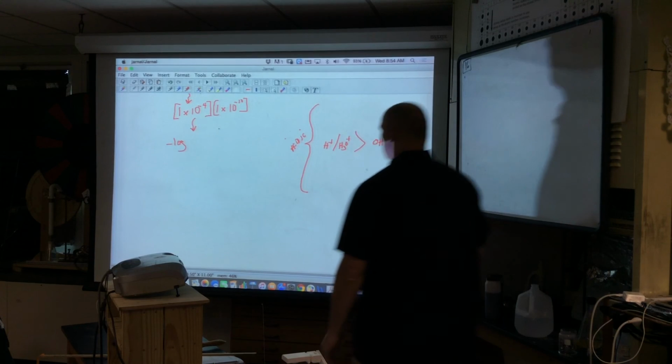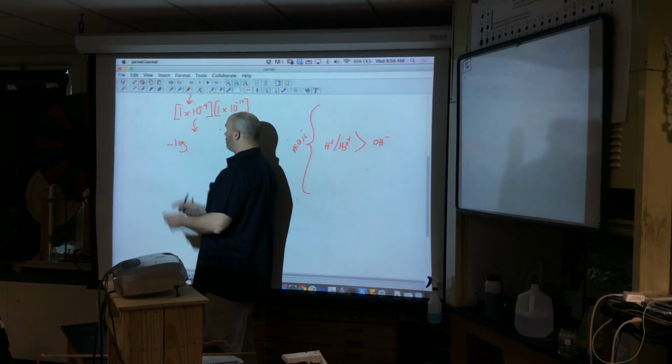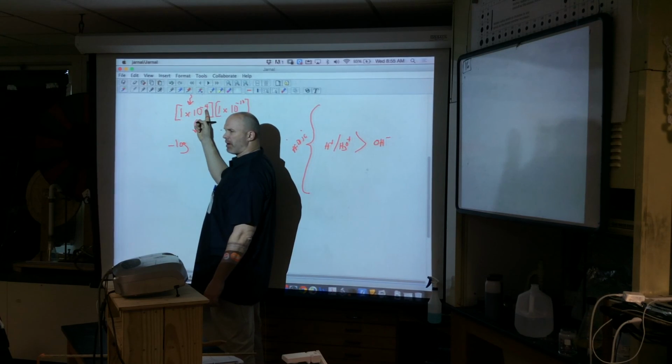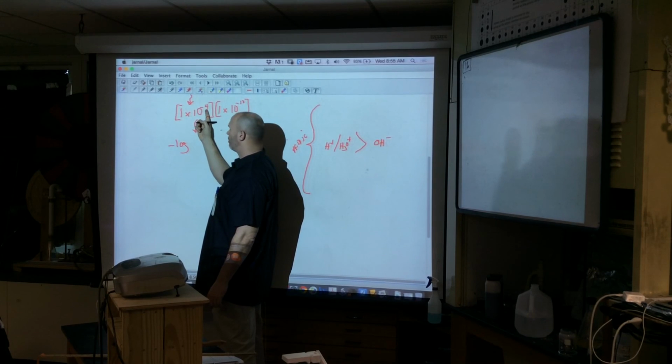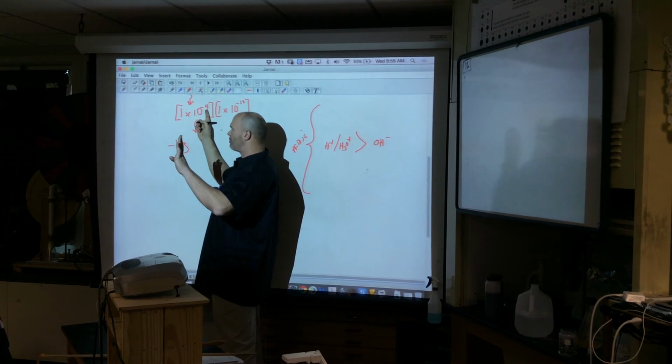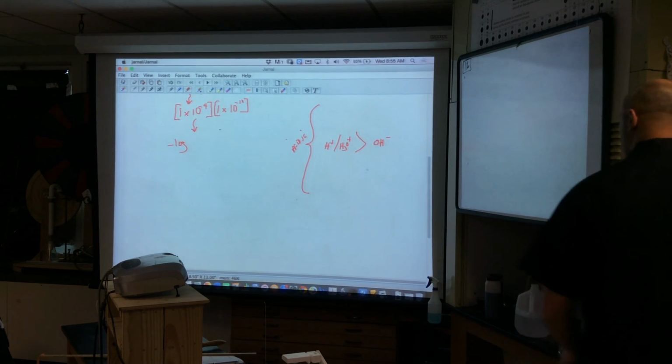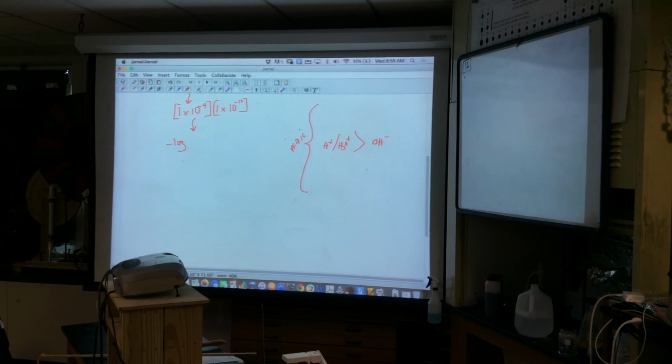It means find the exponent of this and times it by negative 1. What's the exponent of 1 times 10 to the negative 4? It's negative 4. Times it by negative 1, you get 4. This is a pH of 4. So you take the negative log, you get a pH equal to 4.